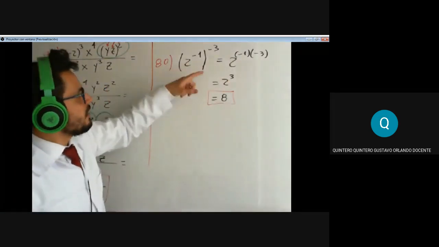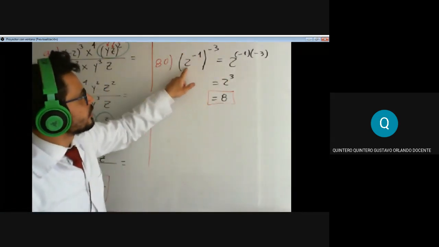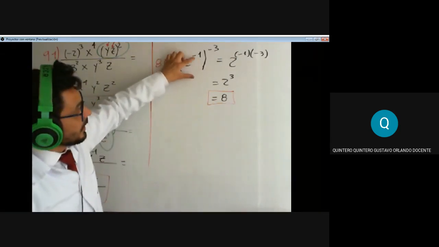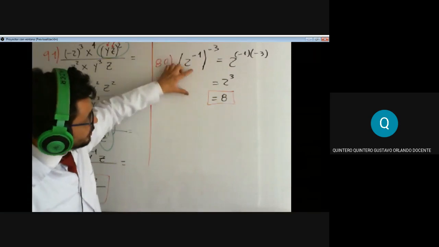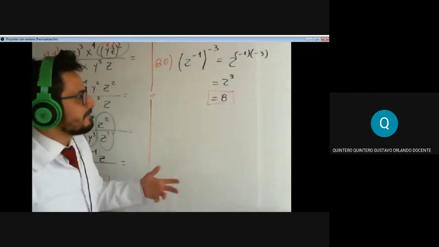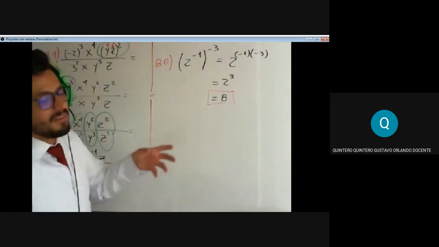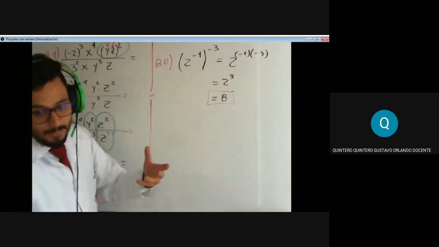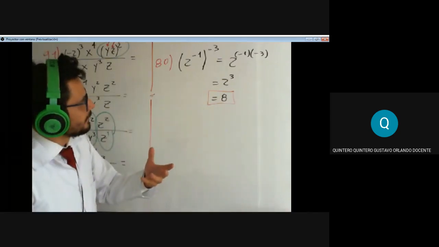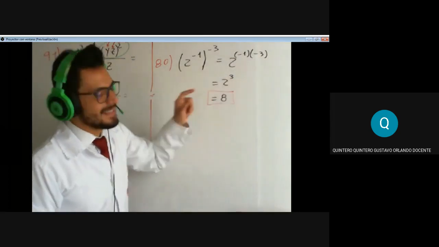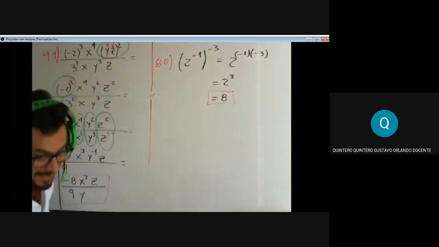If you were to make the exponent positive by working with the 2 to the negative 1 first, you would need to do a lot of other things, and maybe you would get confused. So the tip here: do power of a power whenever you can. Maybe that's going to cancel the exponent, and it's a lot easier.